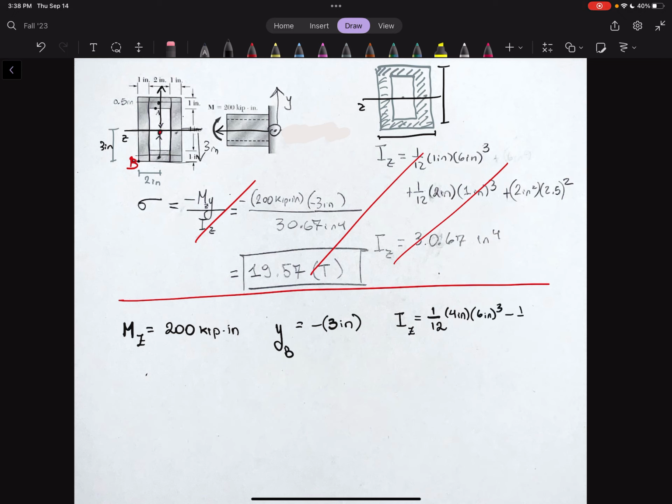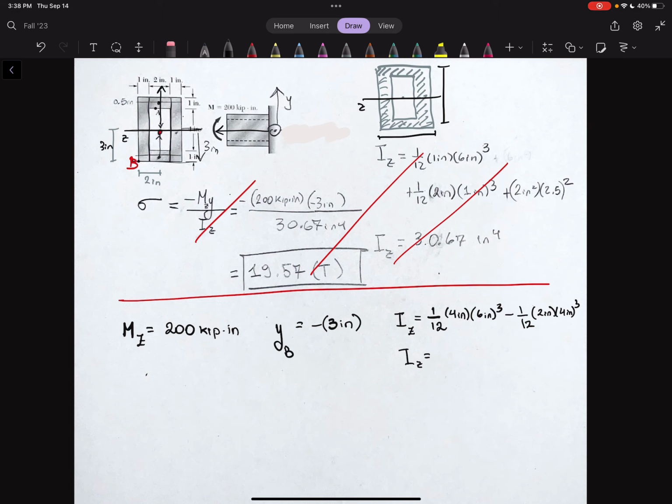And then we're going to subtract 1/12 times the inner dimension. So that's a 2 and a 4. So 2 inches and a 4 inches cubed. And so once we do that, what do we get? Well, we put everything into the calculator. It's going to be 1 over 12.